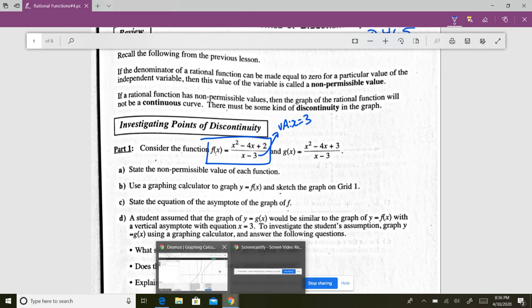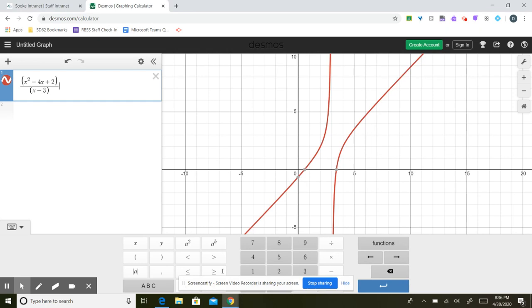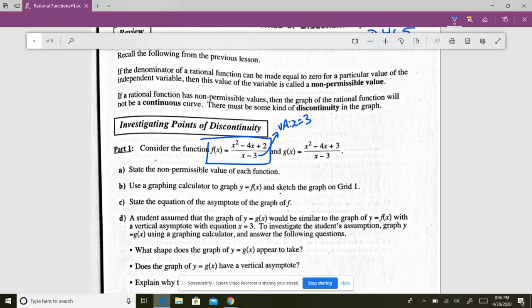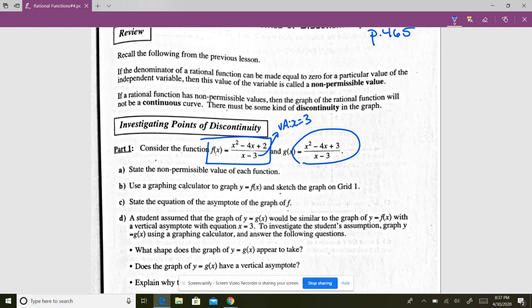And I have that function graphed here on Desmos up in the corner, and you can see, there's 3. It would be a vertical asymptote going up and down. Okay, that makes sense. However, if you look at the graph right beside it, this one also has a denominator where x equals 3 would make it 0.